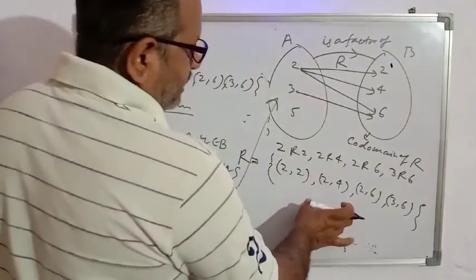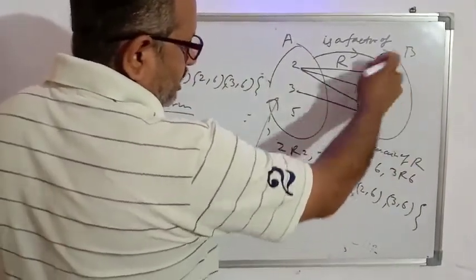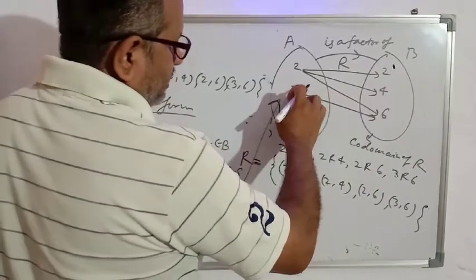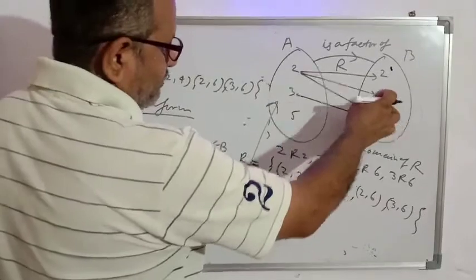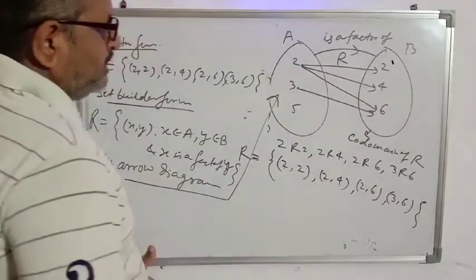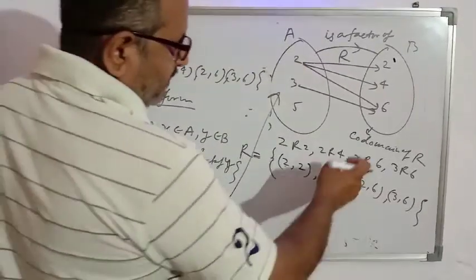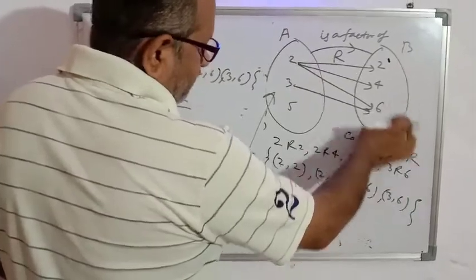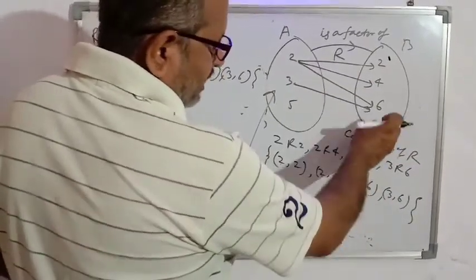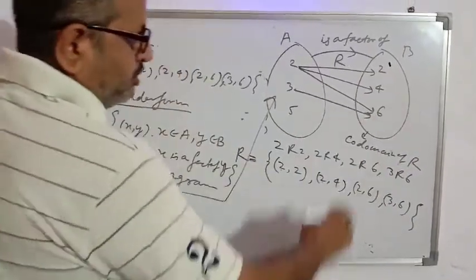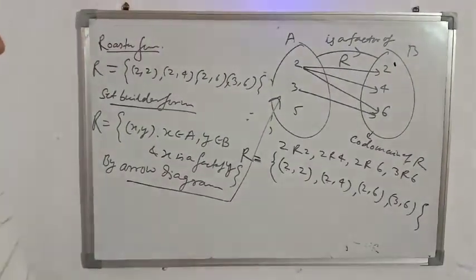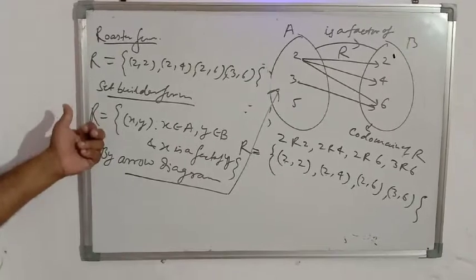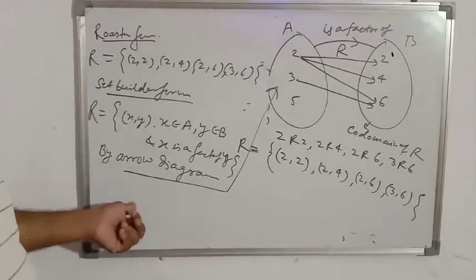If range of the relation is equal to B, it means every element of set B is related to at least one element of A. Otherwise, range of R will be a subset of set B, meaning some elements are left in the set B which are not related to any element in the set A. So this is the explanation about the relation.